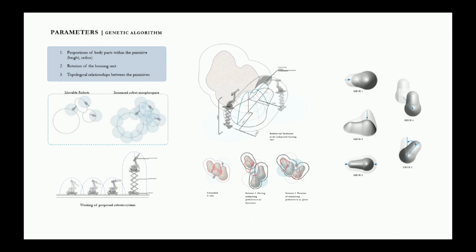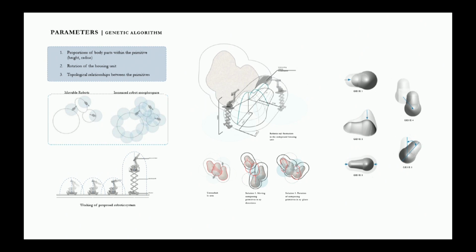And all of these criteria are accompanied with parameters, which are basically a set of actions which can happen with the primitive units within the settlement. So these are a set of rules in which compound units are connected or not connected between each other.